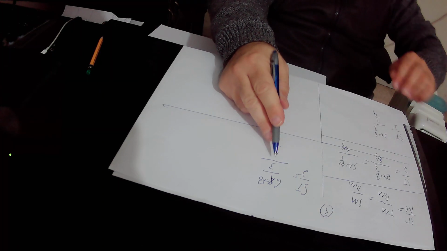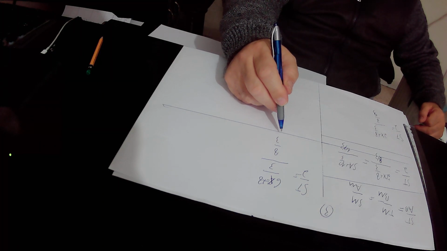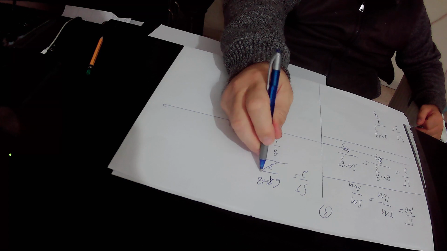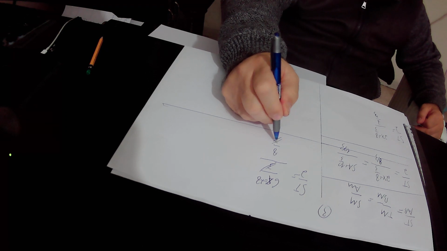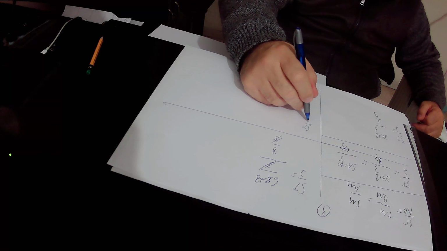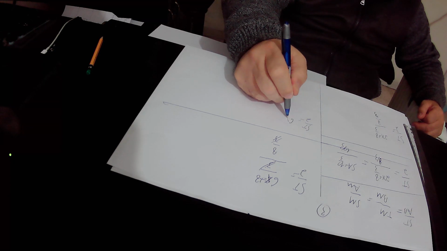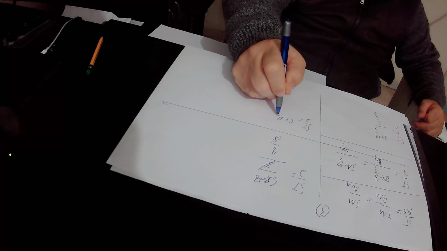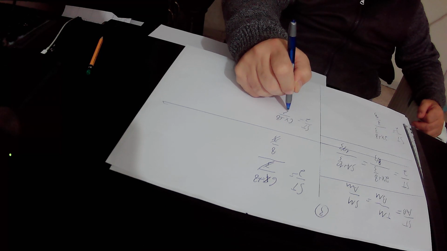So here we have 3 in the numerator and 3 in the denominator, so 3 will get cancelled. After we cancel 3, we are left only with ST over 2 equals 6x plus 8 over 8.